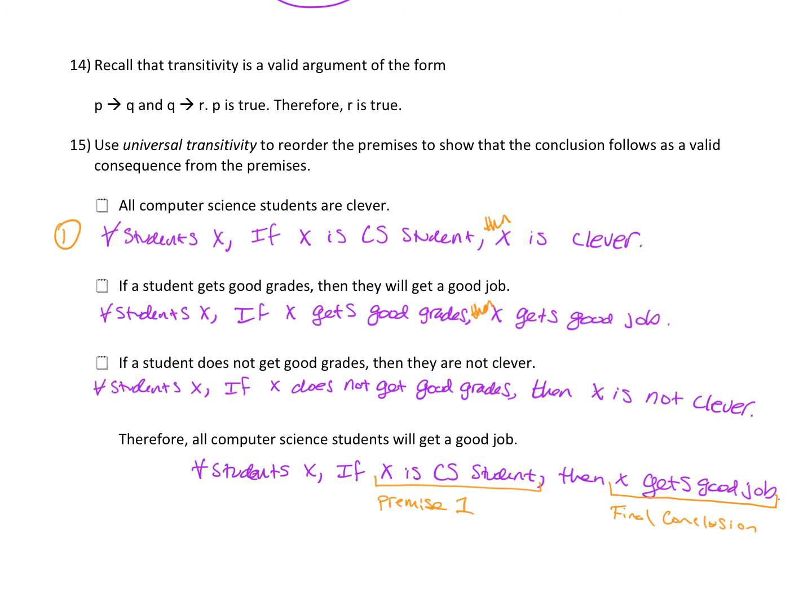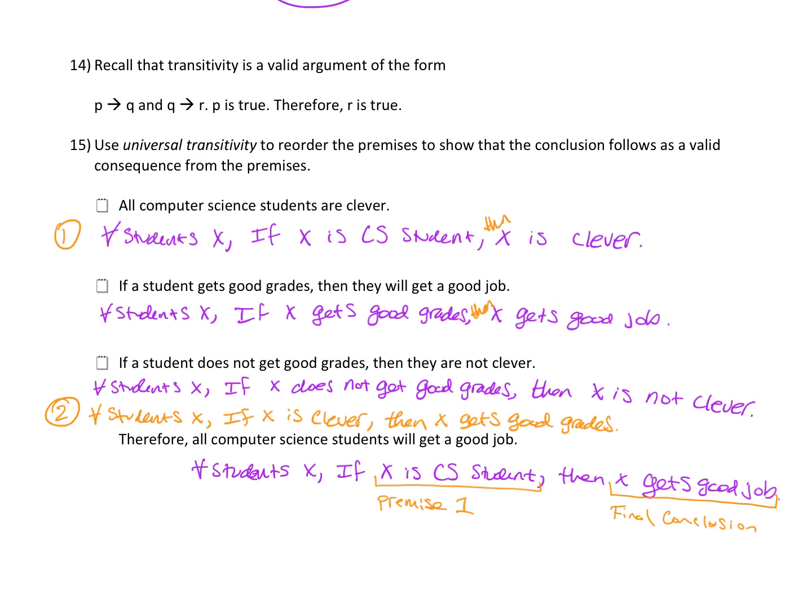So I'm going to rewrite this as for all students X, if X is clever, so this is the not Q, then not P, so X gets good grades.